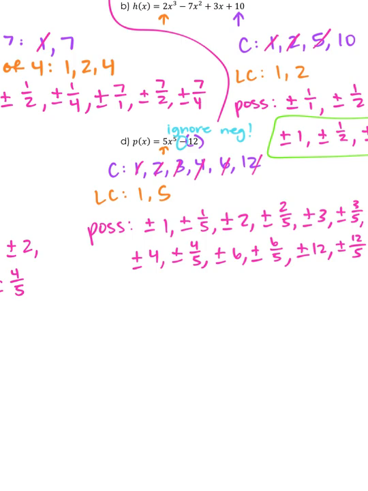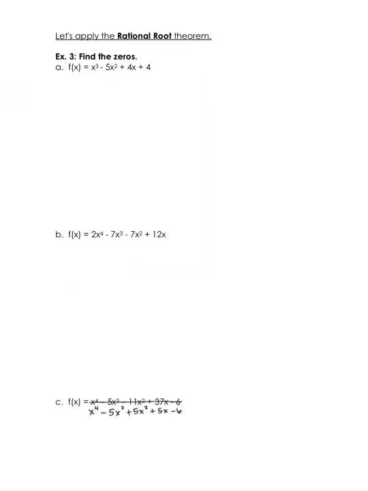All right, so now we're going to take those possible answers and what we know using synthetic division. We're going to find some answers, find some zeros. So here we've got x cubed minus 5x squared plus 4x plus 4. I'm going to start off with my constant, which is 4.